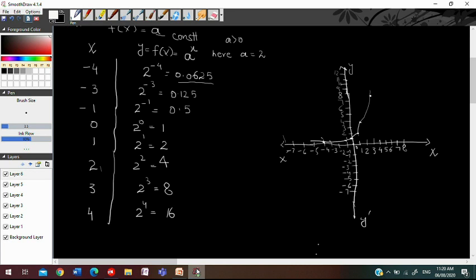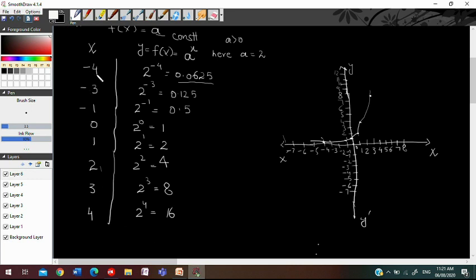Whenever you are going to draw any graph, first you decide the values for x, and when you put these values of x in your function, you get the corresponding values of y. Then draw the x-axis and y-axis, take all the values of x on the x-axis and the corresponding values of y on the y-axis, and join these corresponding points.